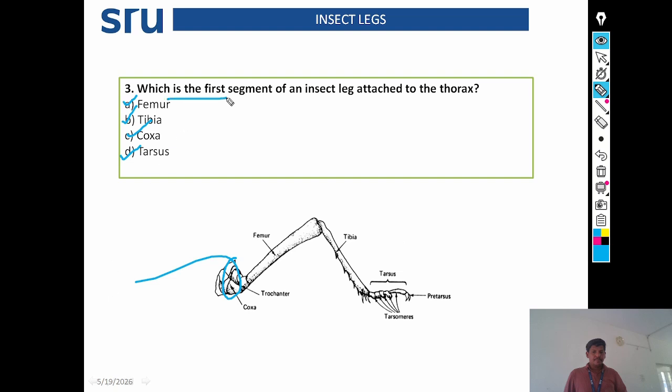This is the first segment of the insect leg that is attached to the thoracic region. So like that, three pairs of legs are there, one pair in meso, another in meta, and another in prothorax. But in case of wings, there is no wing in prothorax.